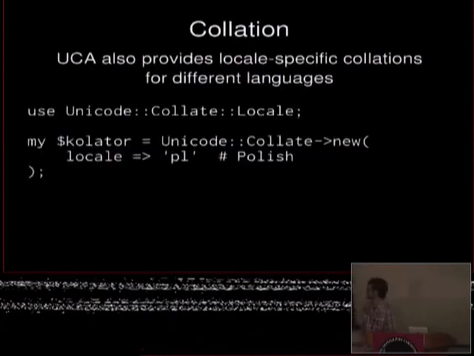Yes? What about the case where dictionary order is different from other orderings? Right. So German's a good example there because the dictionary ordering of German is different than the phone book ordering of German.